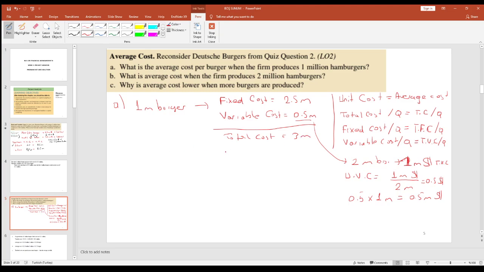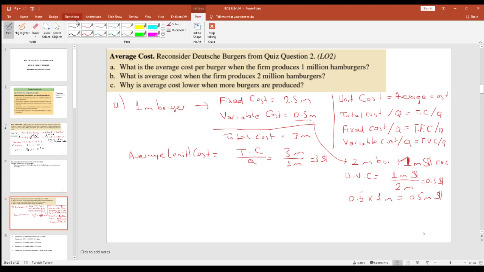And if you want to calculate now average or unit cost, this will be equals to total cost divided by number of production, which is 3 million divided by 1 million production, which is $3 per burger.